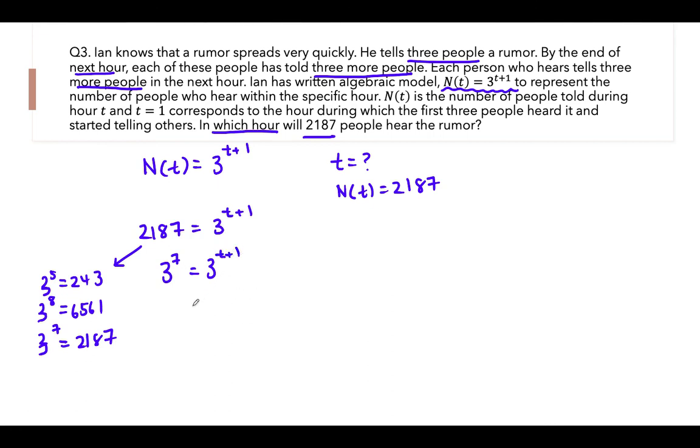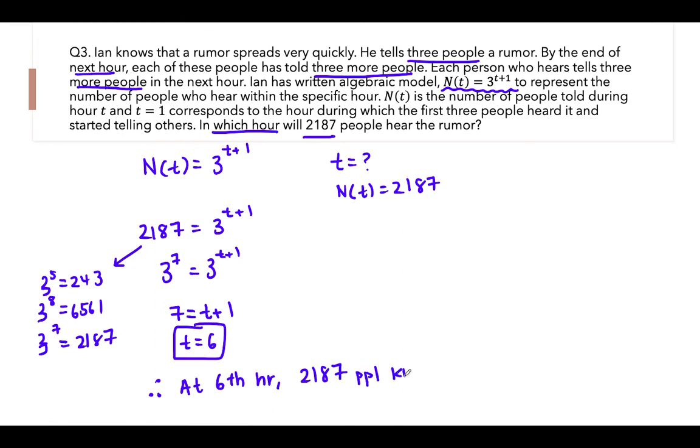Now that the base is the same, I could equate the exponents. 7 is equal to t plus 1. t is equal to 7 minus 1, so it's 6. So that means at the 6th hour, 2,187 people are going to know. Wow, that's a really short amount of time.